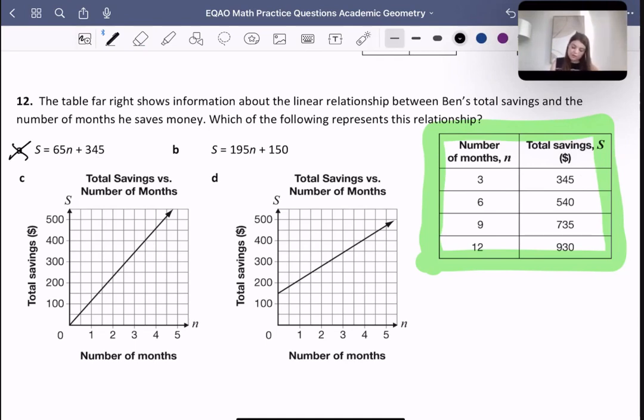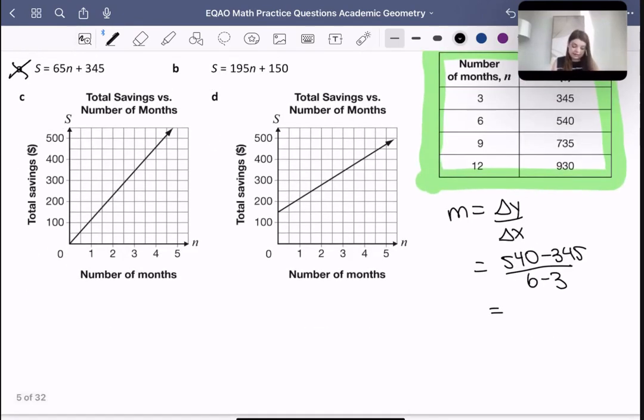Now what about B? 195N plus 150. Well, maybe. Let's see if the slope is 195 for the original. Okay? So m would be delta y over delta x, and let's just use the first 2 points: 540 minus 345 over 6 minus 3.